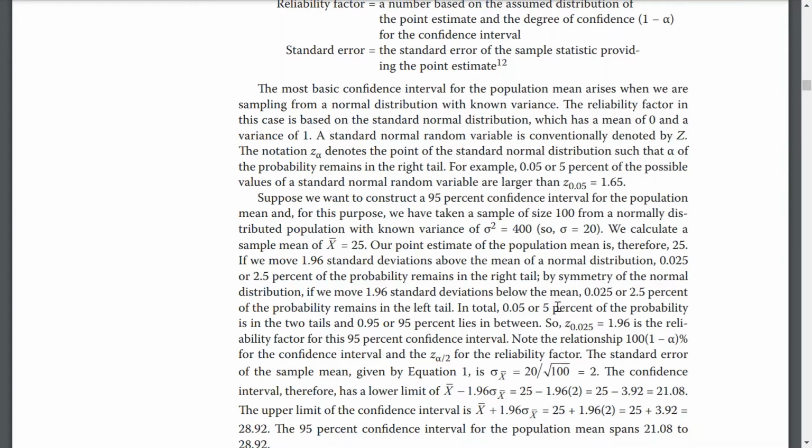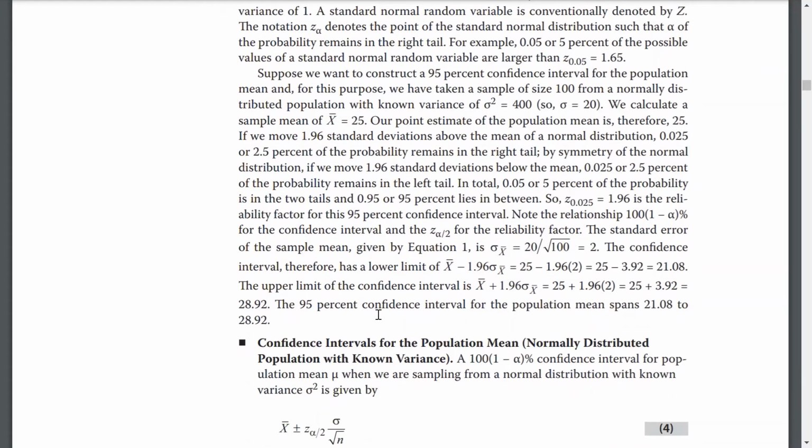If we move 1.96 standard deviations above the mean of the normal distribution, 0.025, or 2.5%, of the probability remains in the right tail. By symmetry of the normal distribution, if we move 1.96 standard deviations below the mean, 0.025, or 2.5%, of the probability remains in the left tail. In total, 0.05, or 5%, of the probability is in the two tails, and 0.95, or 95%, lies between.